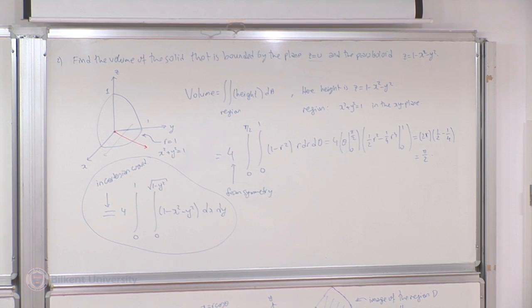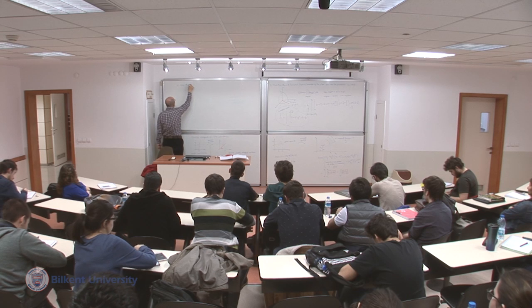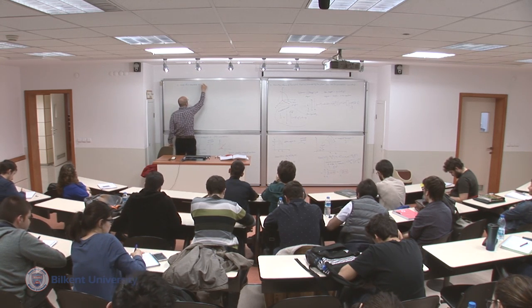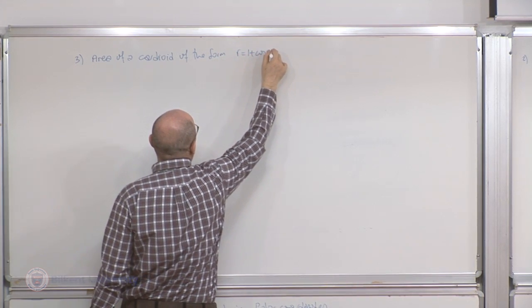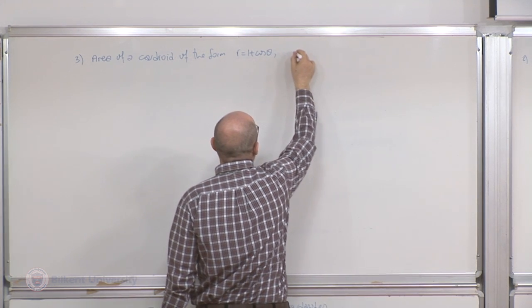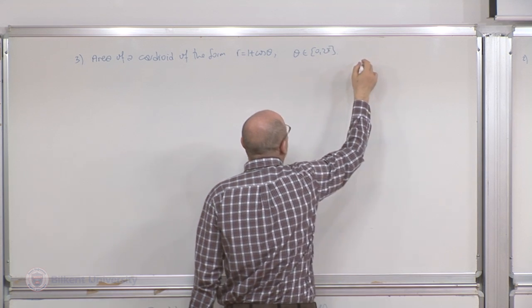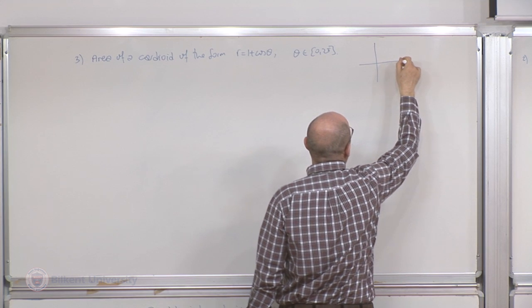So, area of a cardioid of the form r equals 1 plus cosine theta. Here theta is between 0 and 2 pi. The picture is something like this.